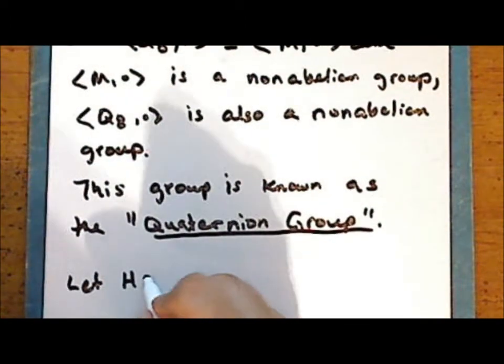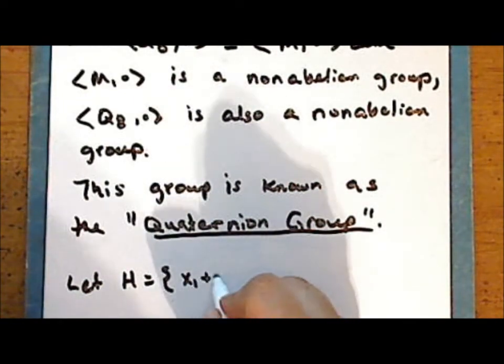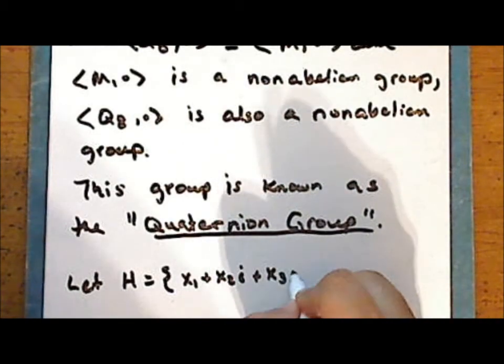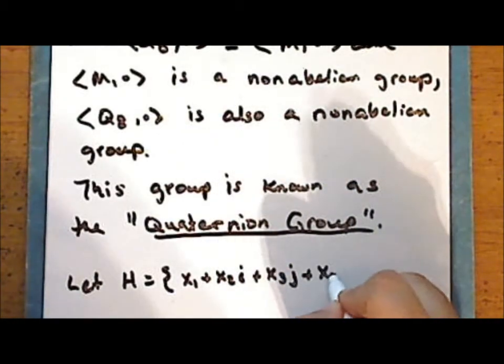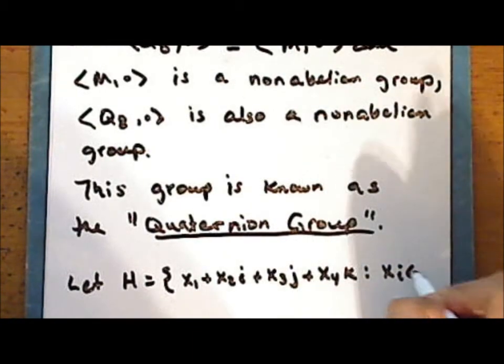Let the set H be the set of all numbers of the form x sub 1 plus x sub 2 times i plus x sub 3 times j plus x sub 4 times k, such that each x sub i is a real number.